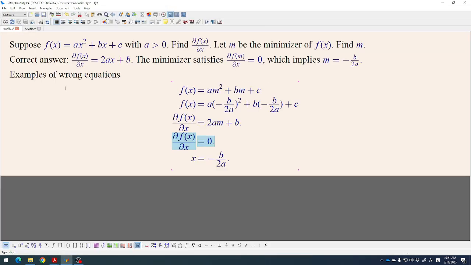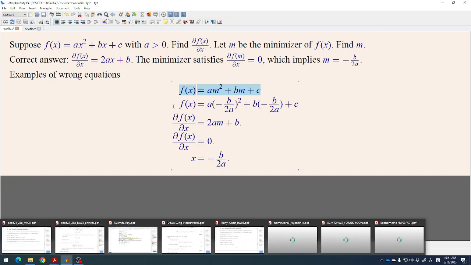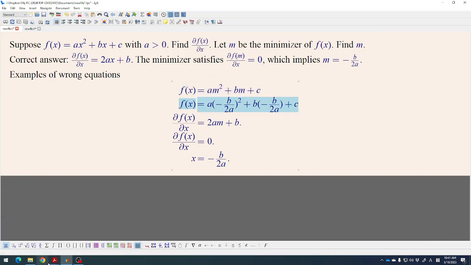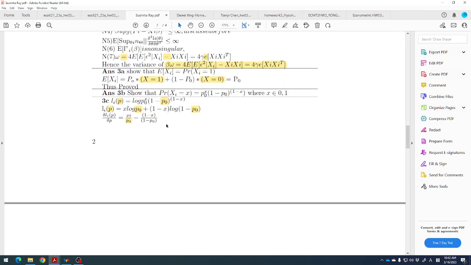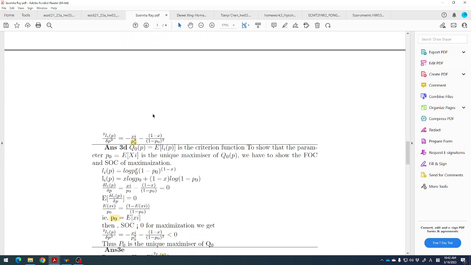If you agree that this is not correct, then this equality is not correct without any more conditions. So at least you have to say something more, right? And similarly, this is wrong, and this is wrong. The left-hand side argument and right-hand side argument do not match. The same problem happens throughout the answers.